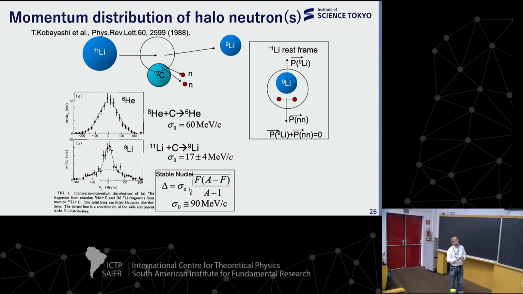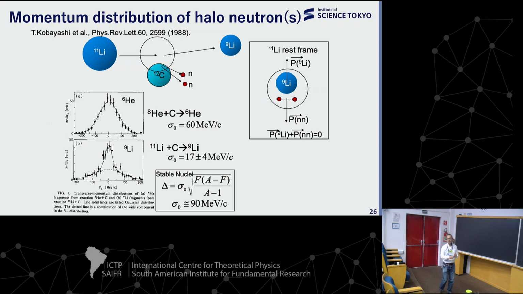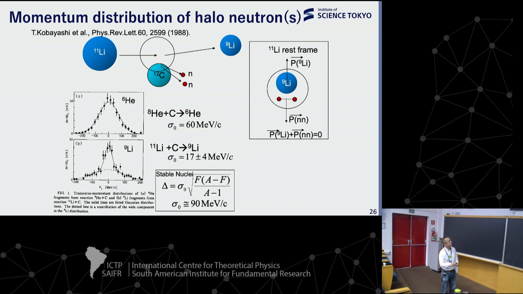And also, they measured helium-8 into helium-6, and the momentum distribution was like this, okay? And it was rather surprising, because this momentum distribution has a width of only 17 MeV/c.